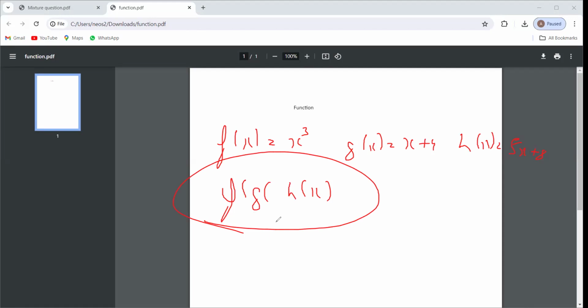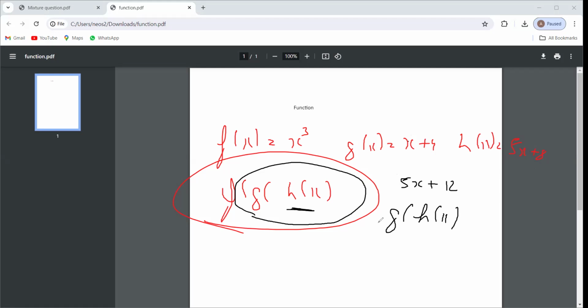Look, always start opening from the inner one. What we need to find is g of h of x. h of x is 5x plus 8. So instead of x, what are you going to put? 5x plus 8. So 5x plus 12. This is what? g of h of x.